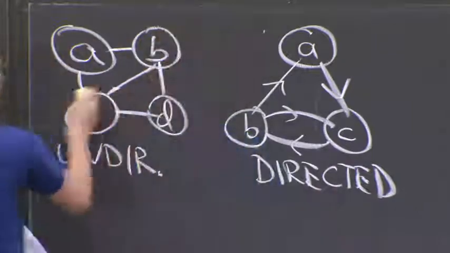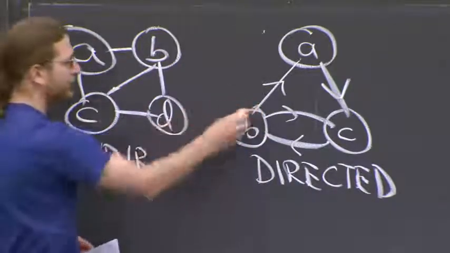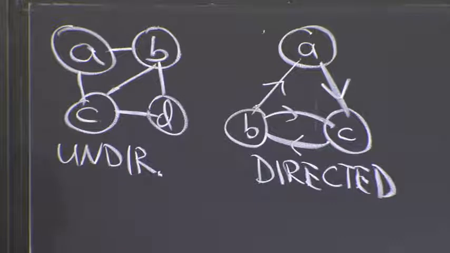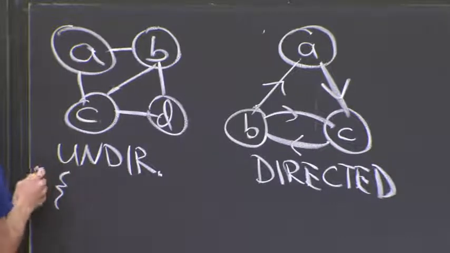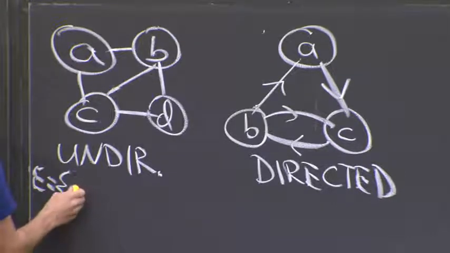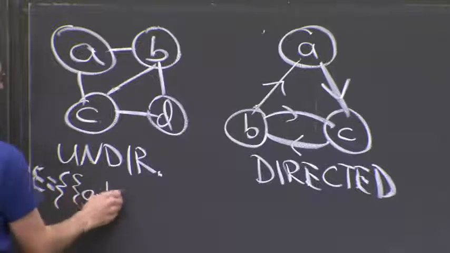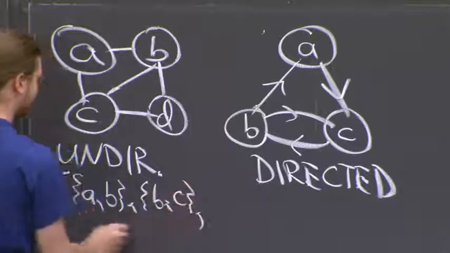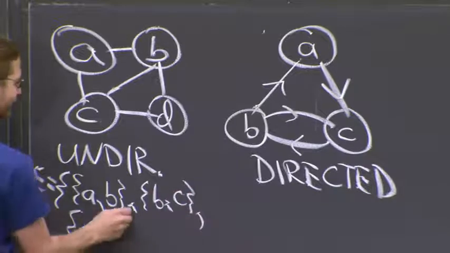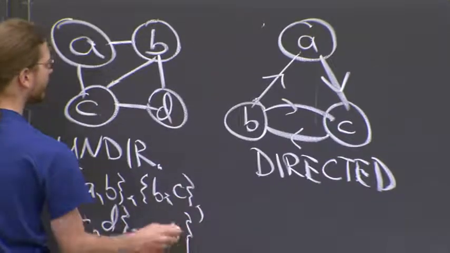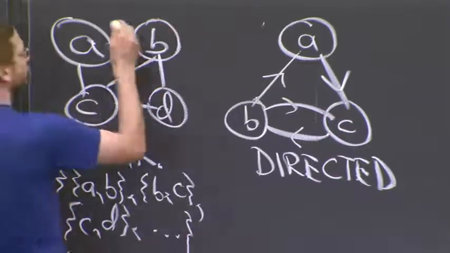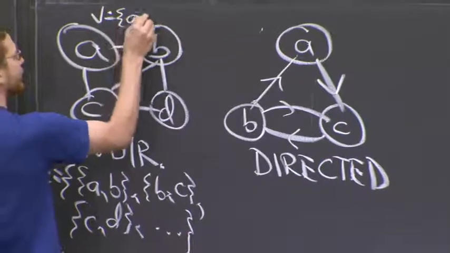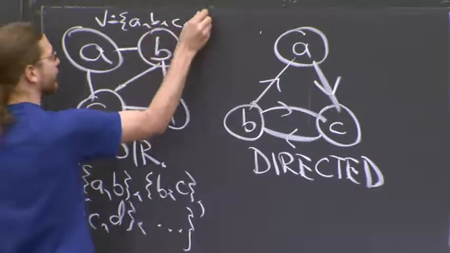The set of vertices here is A, B, C, D. The set of vertices here is A, B, C. The set of edges here is, so E is going to be things like AB, BC, CD. I think you get the idea. Just for completeness, V is A, B, C, D, just so you remember notation and so on.